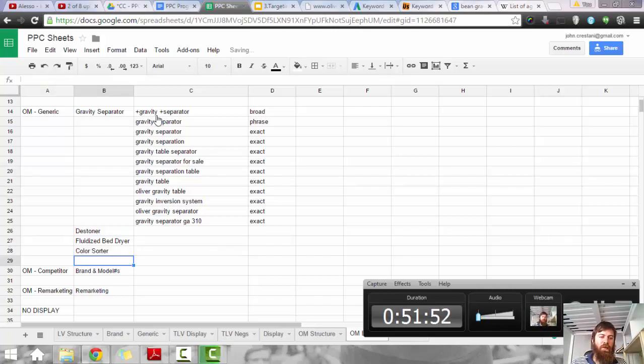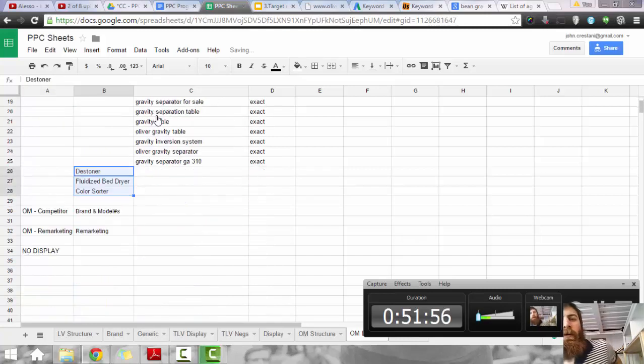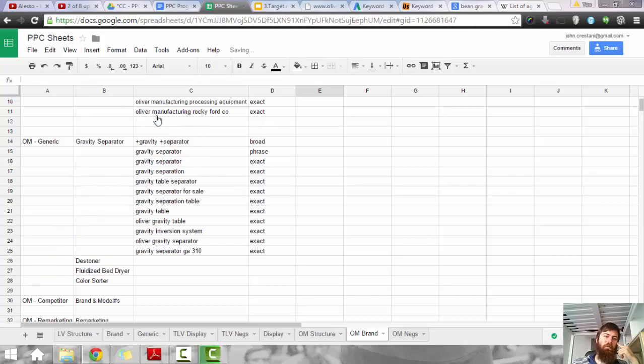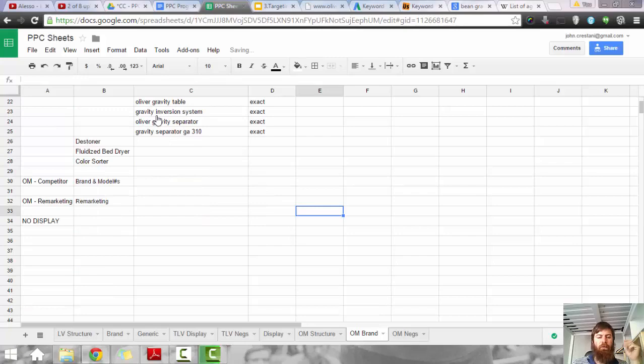And that would be it. And then I just build out these ad groups, same way I did with these. But overall, this campaign will spend very small amounts of money per month. It will probably spend less than, maybe a few $100s if you're really doing well.